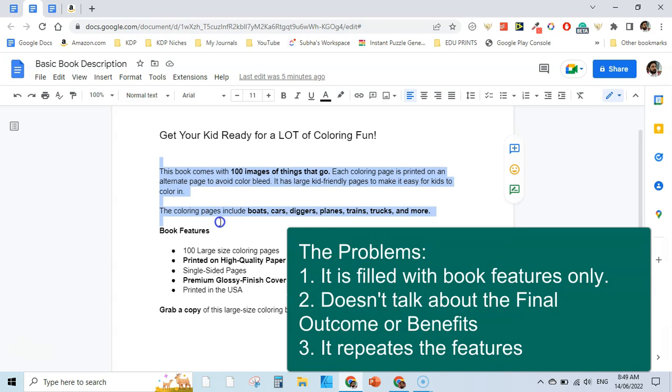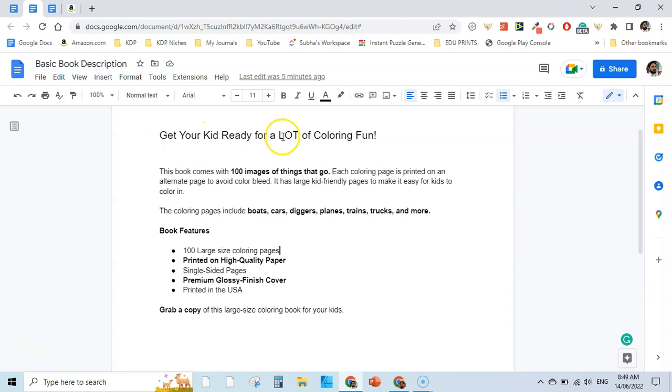It is littered with book features and doesn't tell a single benefit or outcome. It is not talking about the outcomes. Here I have written a line that may interest a buyer, but I have seen people writing something like "large size coloring book for kids."